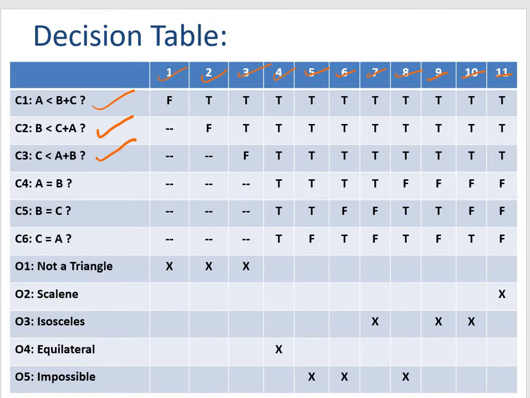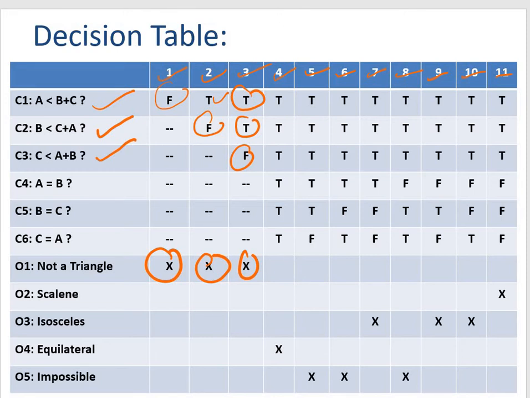If suppose this holds false, then I'll not be able to form the triangle. Let's say in the second case, this is true, this is false, once again I will not be able to form the triangle. And if in this case this is true, this is true, this is false, then also I will not be able to form a triangle.